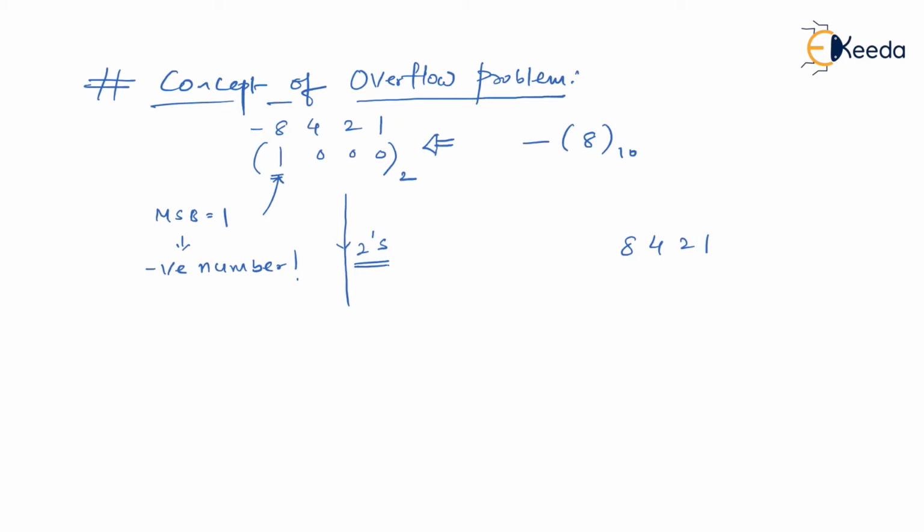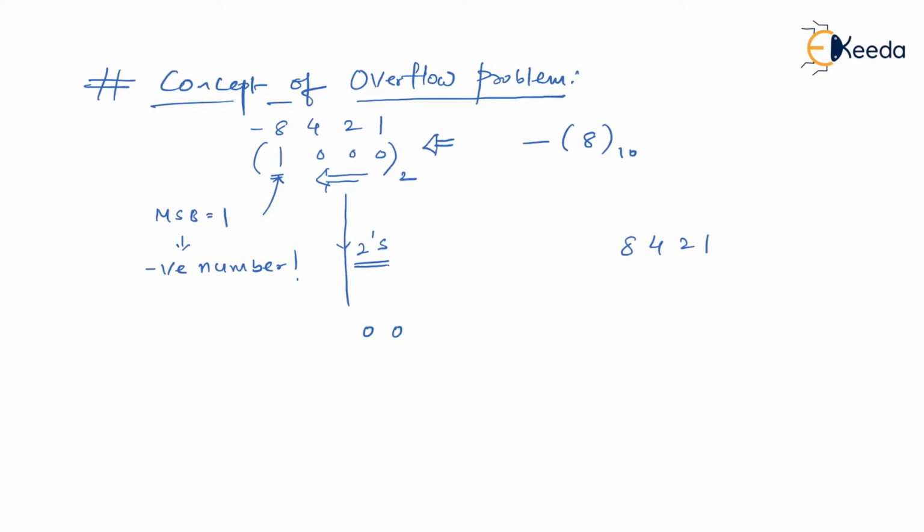What we do is we start from right to left and we start copying all the bits until I get 1. The moment I get 1, I write that logic 1 and rest of the bits we just complement. That is, we replace 1 to 0 and 0 to 1. So in a way I'm going to copy this number from right to left until I get 1.